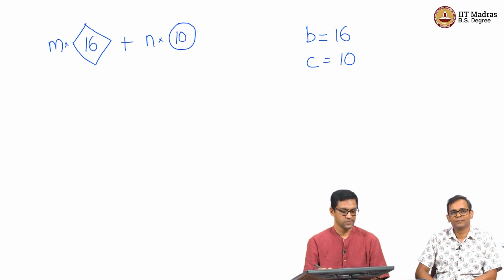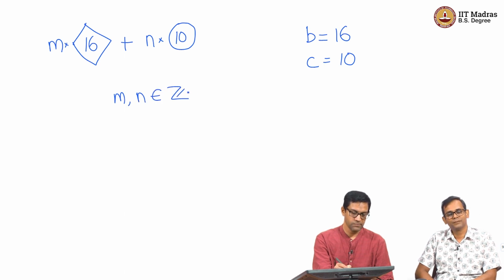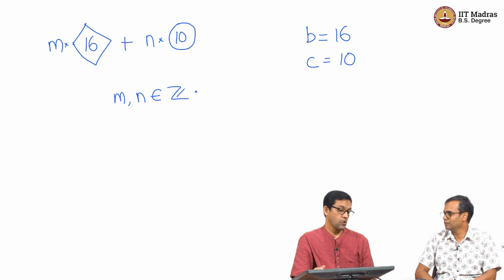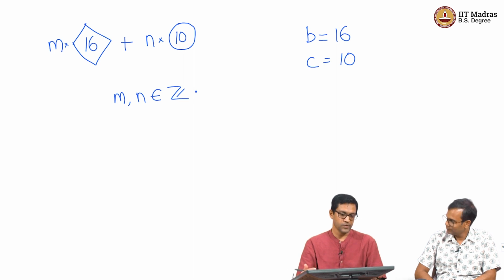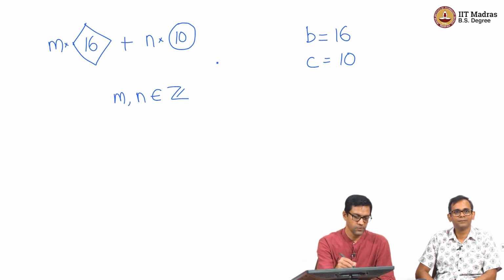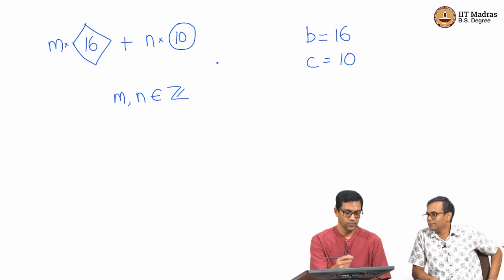Okay, look at all these possibilities where m and n now can be integers, meaning they can be either positive numbers or negative numbers. Or 0. Or 0. So positive means I am giving you a coin, those many coins. Negative just means I am taking those coins from you. So these are all the possible transactions we can perform using only 16 and 10 rupee coins.